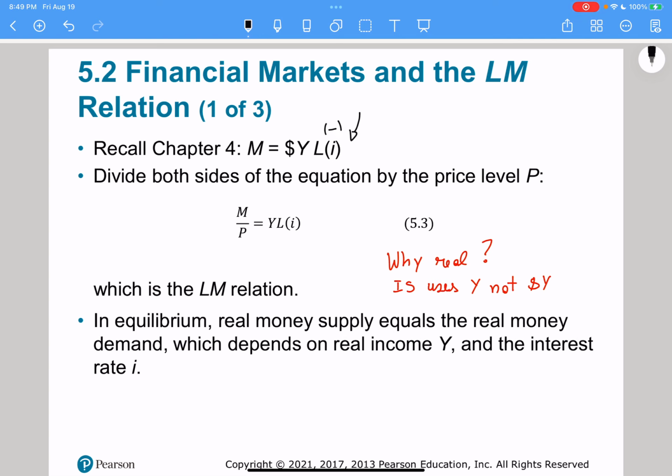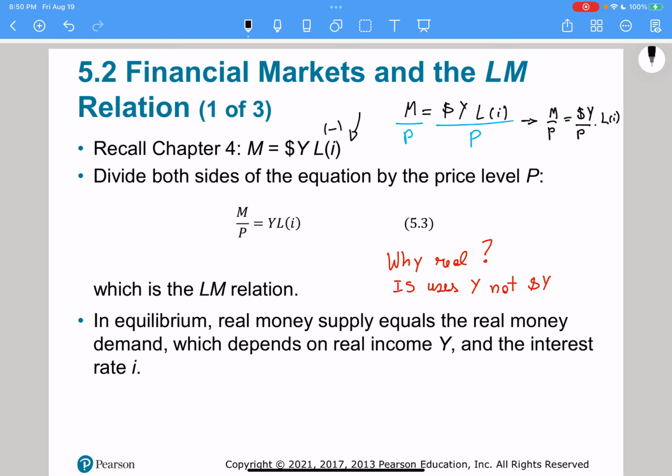We have M equals $Y L(i)$, and we are going to divide both sides by P, okay? And then we have M over P equals $Y$ over P times L(i).